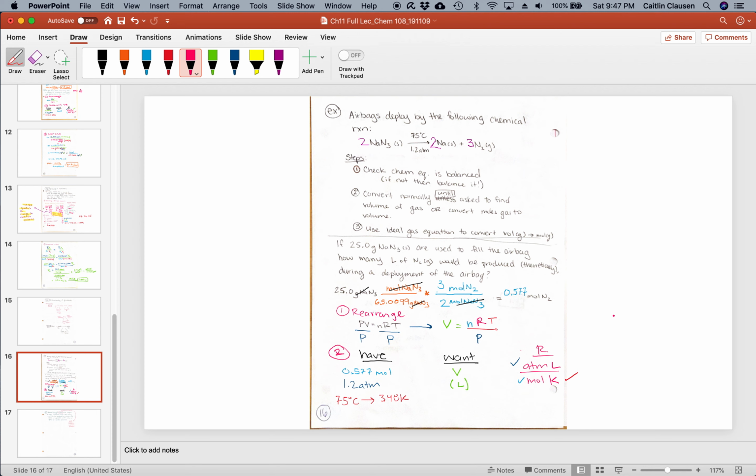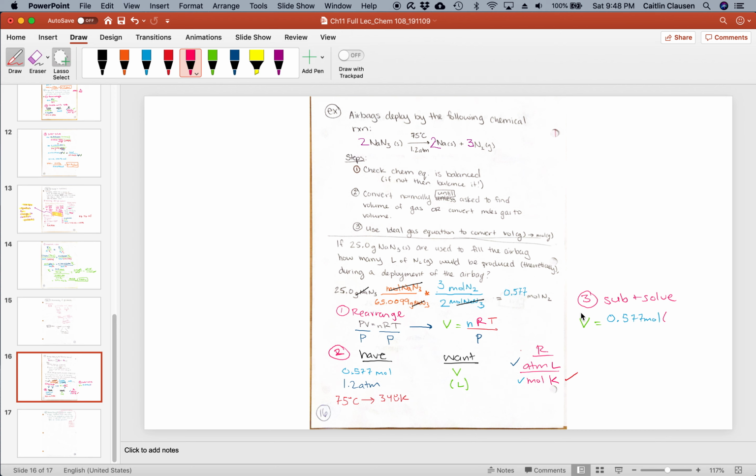Step 3, substitute and solve. So I want to know the volume. I have the moles. I know the gas constant.